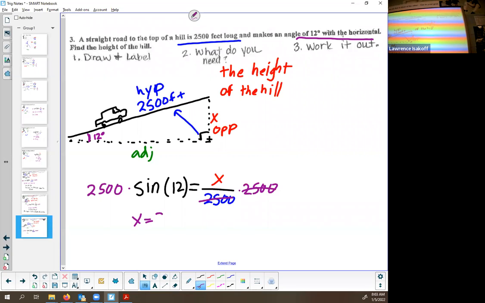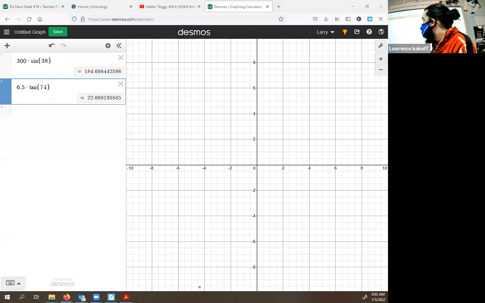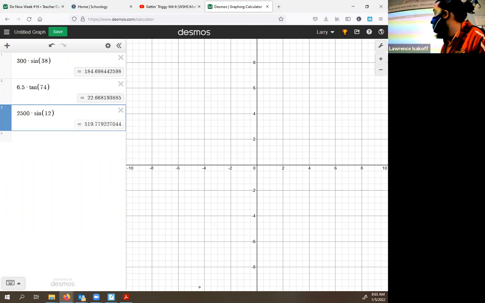X equals 2,500 times the sine of 12. That we are definitely going to have to use a calculator for, so let's go ahead and do that. So 2,500 times the sine of 12. And we get that this hill is nearly 520 feet tall.